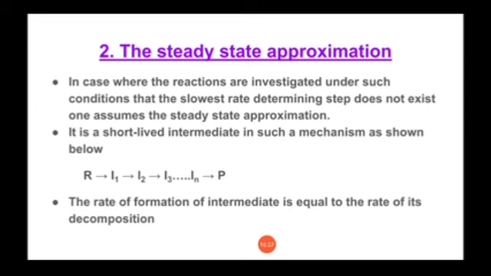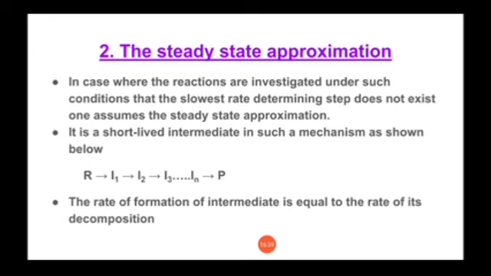In equilibrium approximation, simply what we are doing is taking a reactant, converting it into different intermediates, and the last intermediate will convert into products. And out of all the steps, we just find the slowest step, because the slowest step is the rate determining step. That step will give us the rate of the entire reaction.